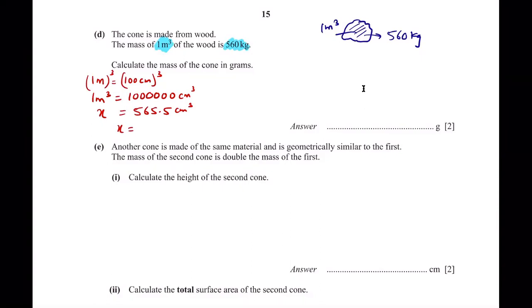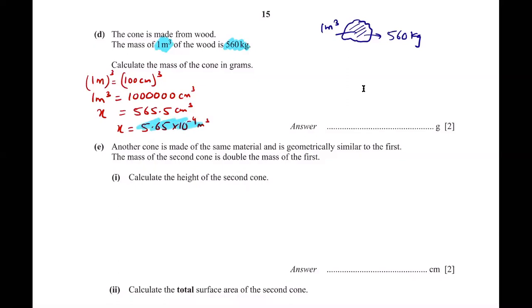So 565.5 divided by 1 million is 5.65 into 10 to the power of minus 4, or you can say 0.000565. So the volume of the cone is this.